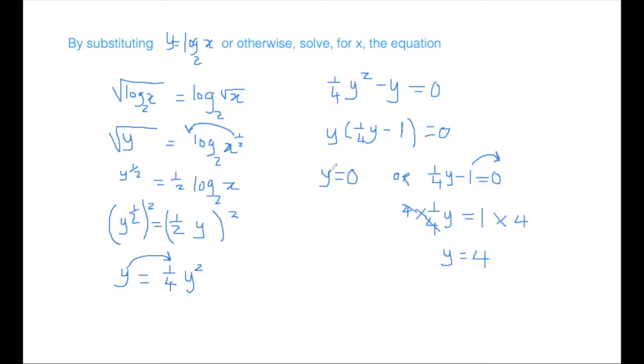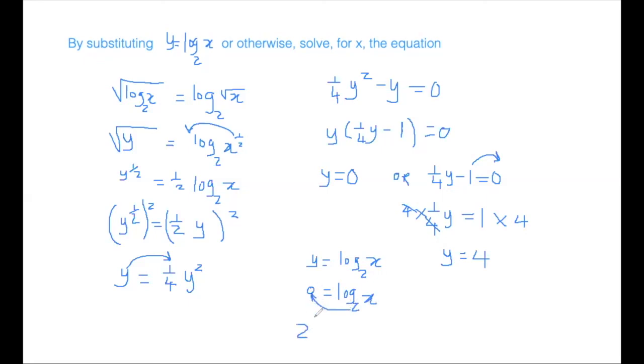But the question didn't ask us what is y, it asked us what is x. So I have to go back to the substitution. y is equal to log base 2 of x, and for the one where we have y equals 0, I replace y with 0 and equate it to log base 2 of x, because they said y is equal to 0. That's what we just found.